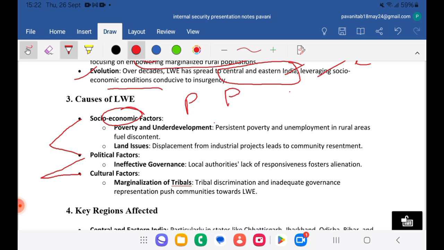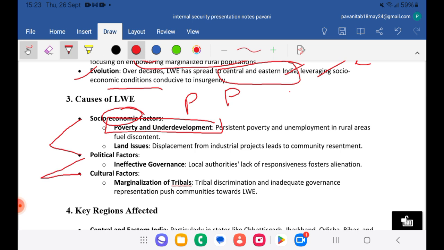So the first point is poverty and underdevelopment. Persistent poverty, underdevelopment, or unemployment in rural areas fuel the discontent. That is where we should focus on alleviating poverty, right? So when you talk about socio-economic factors, you must talk about unemployment, underdevelopment and poverty.